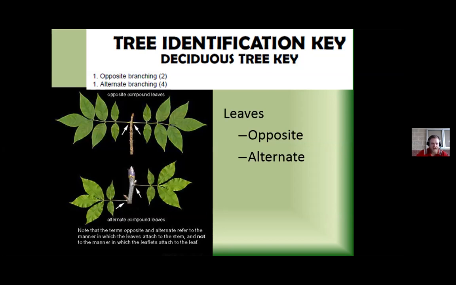So on the top, the 2 leaves are directly on opposite sides of the stem, and that's going to be consistent for a given species. And then on the bottom, you can see the leaves that are connected to the main stem in an alternate fashion. So it goes kind of every other. You've got the node and internode separated the leaves.